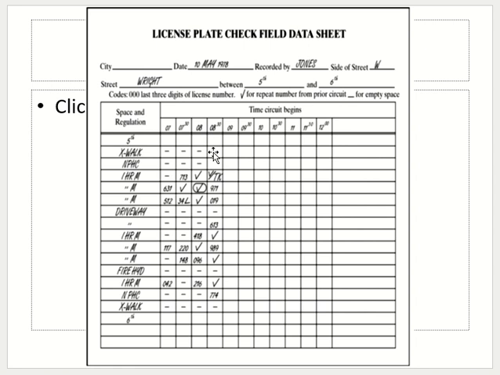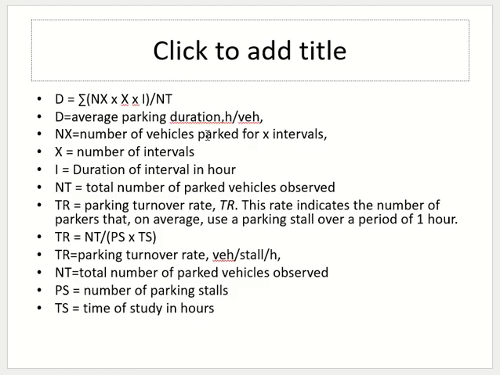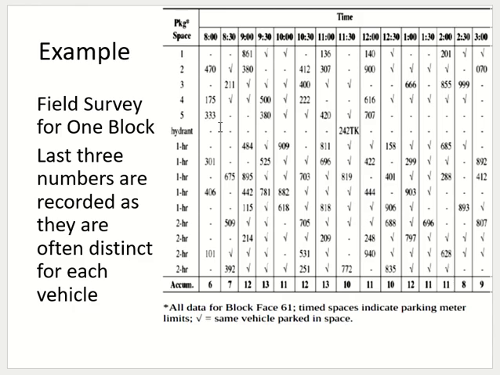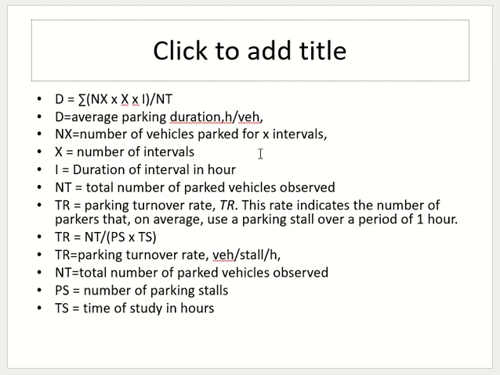So we can have the number of vehicles which were parked for one interval, the number of vehicles parked for 2 intervals, 3 intervals, 4 intervals. Okay, so X can be 1, 2, 3, or 4, and the duration of each interval is 30 minutes. Okay, so I will be 30 minutes. And nt is the total number of vehicles observed in this area. Okay, so we will do an example in the class later on.